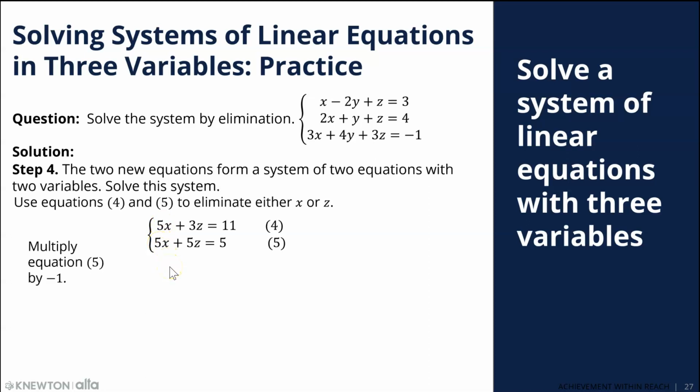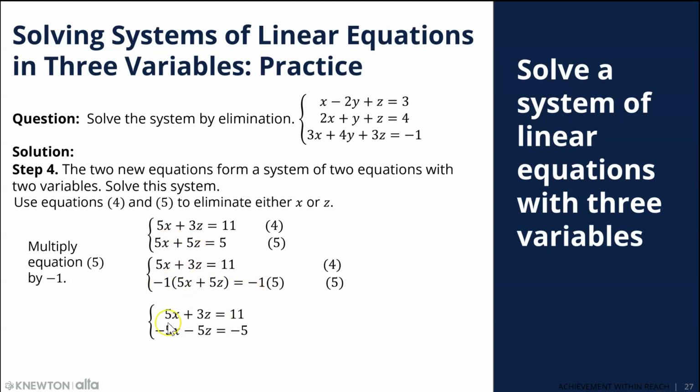You can then multiply equation 5 by negative 1. So multiplying equation 5 by negative 1, we have negative 5x minus 5z equal to negative 5 for your equation 5. And then just copy equation 4. Then you add the two equations.